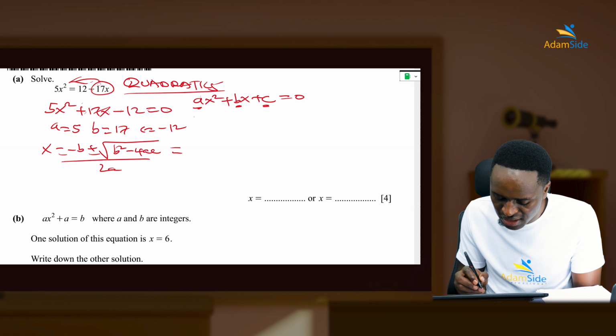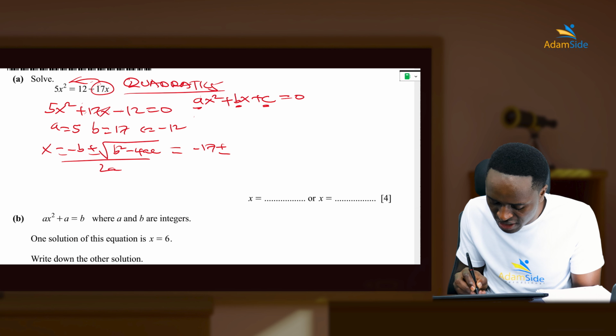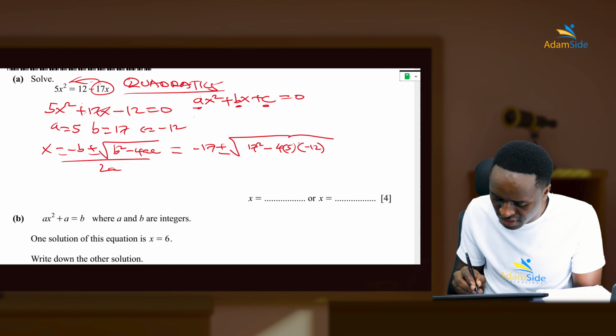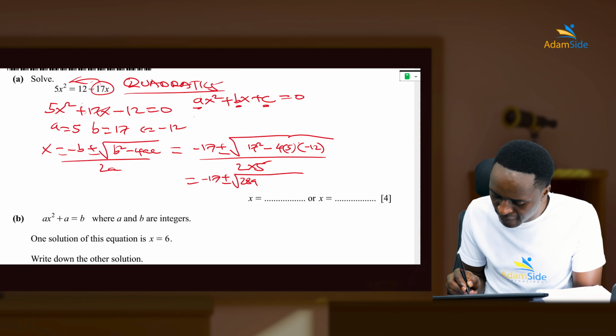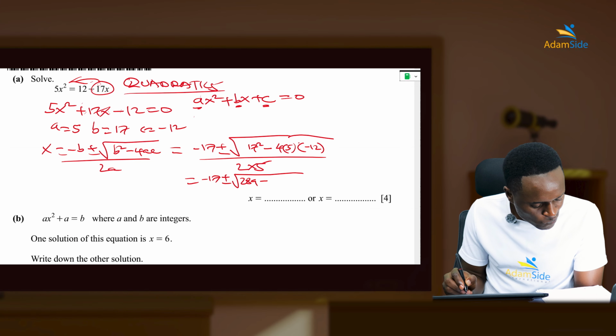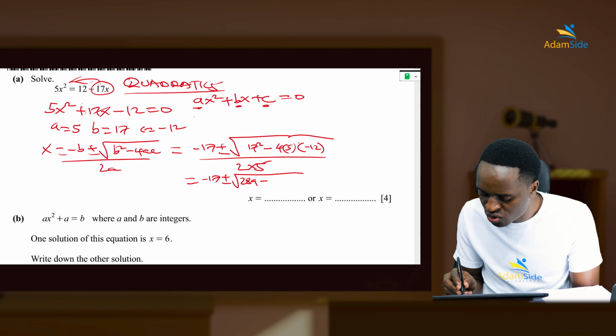In that case, you say negative b, so negative 17 plus or minus the square root of b squared, which is 17 squared, minus 4 times a, which is 5, times c, which is negative 12, divided by 2 times 5. Correct. So negative 17 plus or minus the square root of 289 minus, 4 times 5 is 20, 20 times that is minus 240.